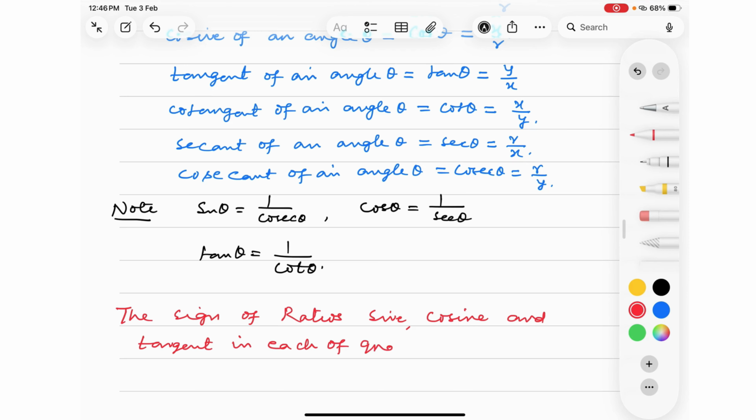That means, for sine, cosine and tangent in each of the quadrants, what will be their signs?